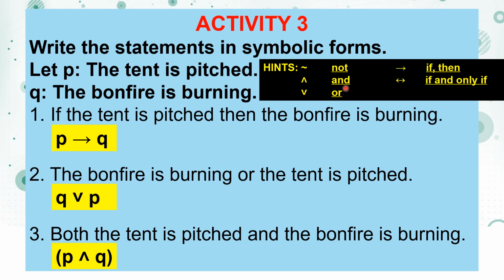At yung symbol for and is the inverted V. So, we write this symbol. The bonfire is burning is our proposition Q. So, we write Q. So, this is now the symbol for both the tent is pitch and the bonfire is burning.